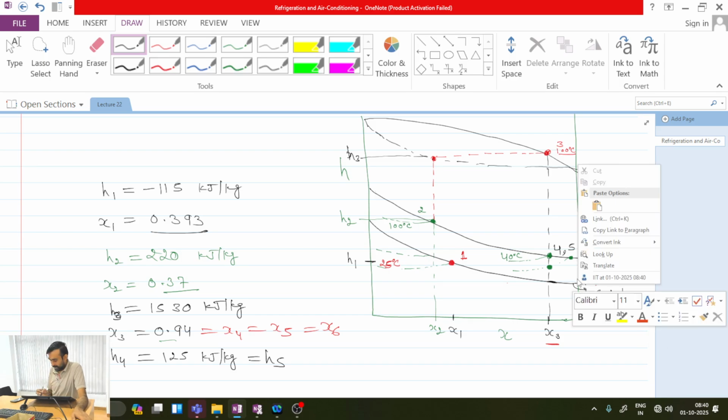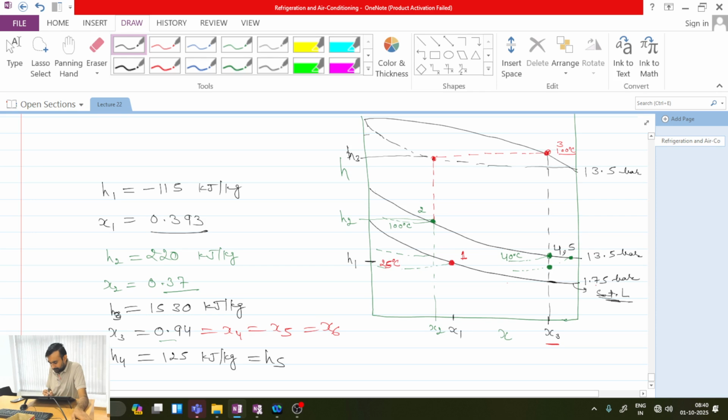I will have a saturated vapor line also for 1.75 bar. If I keep on drawing multiple isotherms, the isotherm which passes through state point 5 will give me the value of temperature at that state point.